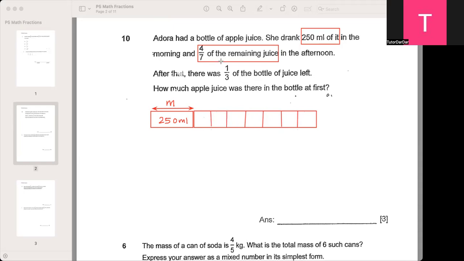After drawing the 7 boxes, the numerator is 4, so we will shade 4. Now, this portion is the afternoon portion, and this is going to be the left.